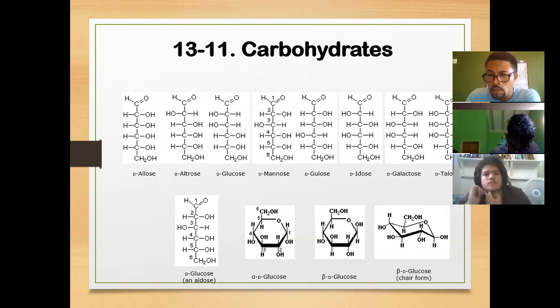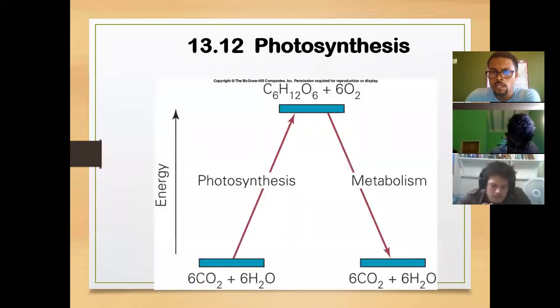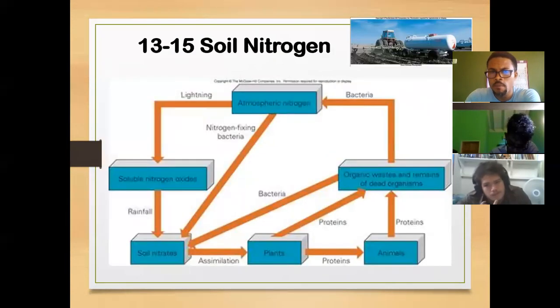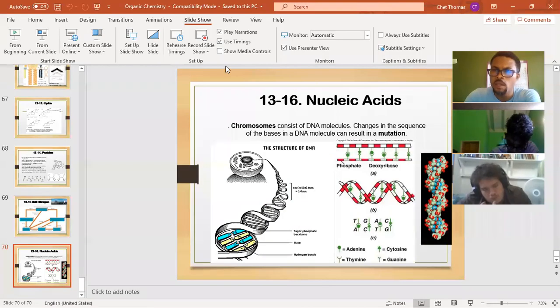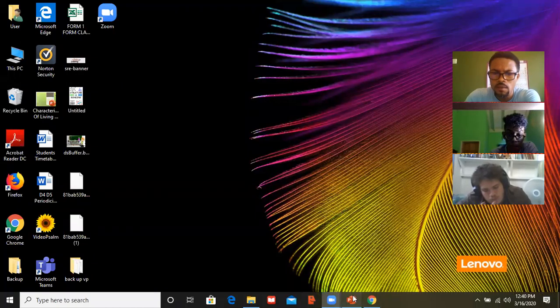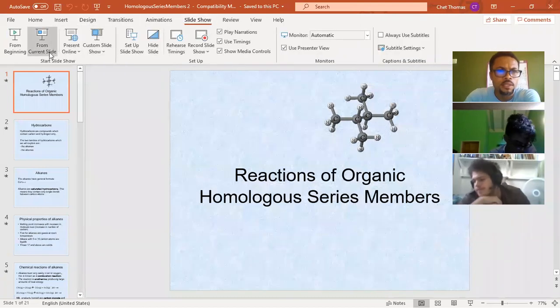The food we eat, the energy we get from it, comes from organic compounds as well. And the list goes on and on. A lot of these things we're going to be coming back to, nucleic acids, etc. I'm going to close off this particular PowerPoint presentation, and we're going to look at the one that we really want to take for this time.